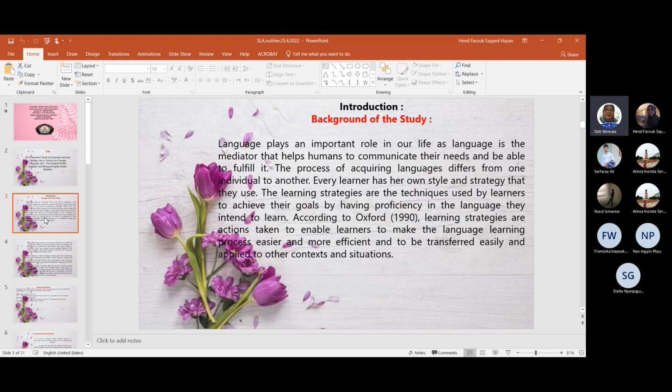So I think the discussion will make the paper much, much better. It is possible for the writer or the presenter to revise or modify it so that the paper is eligible for publication.